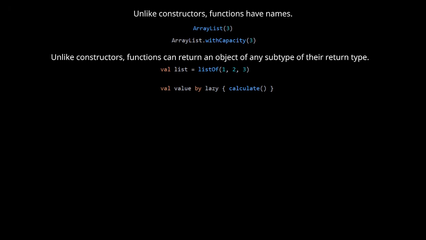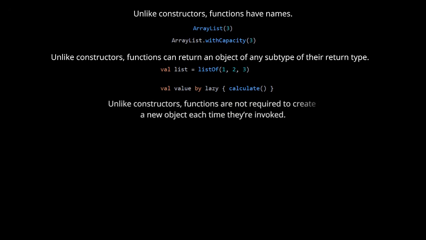Another example is lazy, which declares the Lazy interface as its result type, and depending on thread safety mode, in JVM it returns either SynchronizedLazyImpl, SafePublicationLazyImpl, or UnsafeLazyImpl. Each of those classes is private, so their implementations are protected. Unlike constructors, functions are not required to create a new object each time they're invoked.